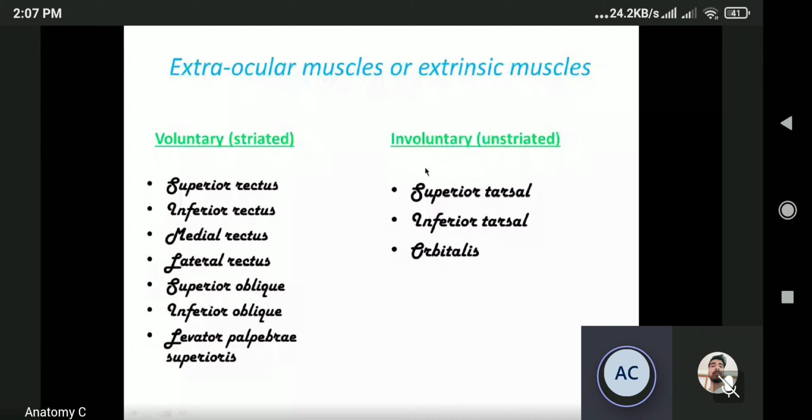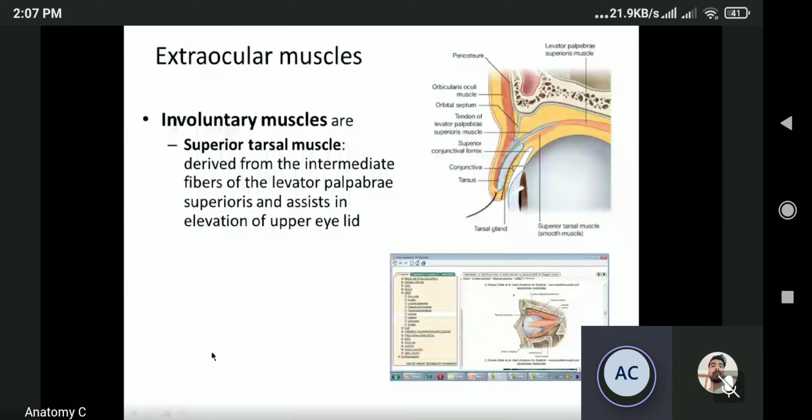Now, talking about the involuntary muscles: superior tarsal, inferior tarsal, and orbitalis. These are the involuntary muscles. The voluntary ones are 4 recti, 2 obliques, and levator palpebrae superioris. So first we'll talk about the involuntary muscles.